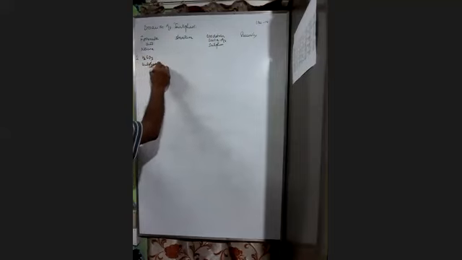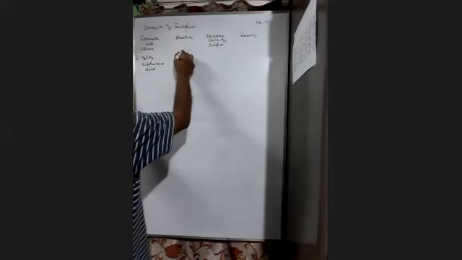So 1, H2SO3. This is called sulfurous acid. Here also you have to do something. Write the sulfur, put double bond oxygen and one OH. After that you see what is the formula.